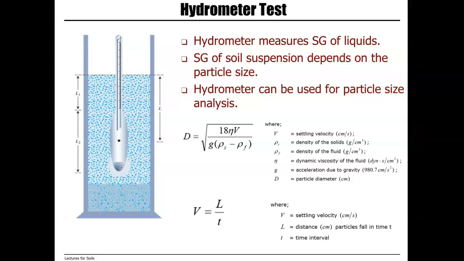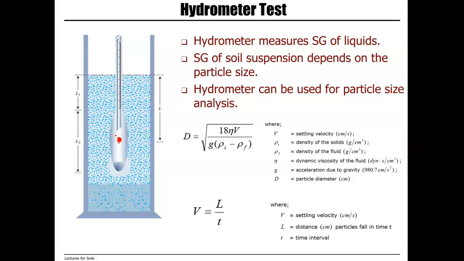So hydrometer gives us a specific gravity of soil suspension at the center of bulb. So this is center of bulb, and then it moves based on the amount of particles that we have.